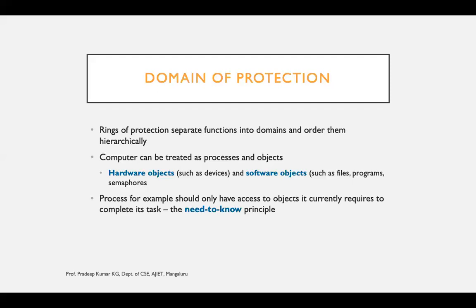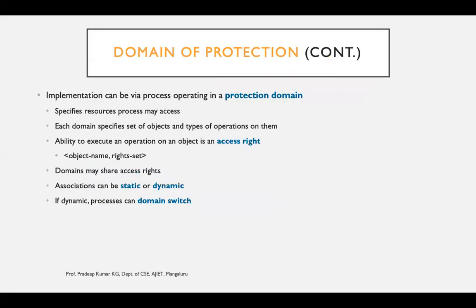Each hardware object and each software object deals with one single process for execution. For each software object, there should be a process in the backend so that we can have domain level protection. Continuing with that, an implementation can be via a process operating in a protection domain.